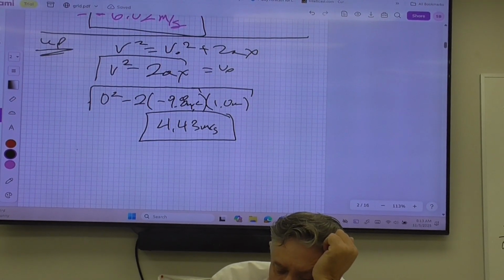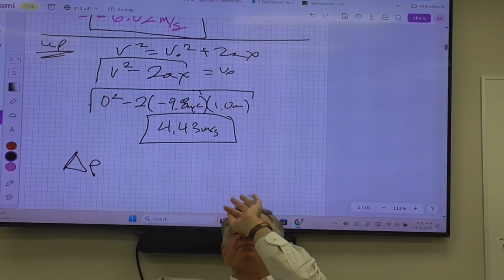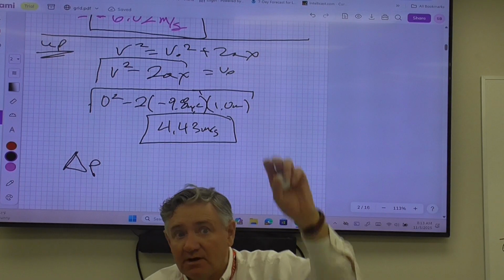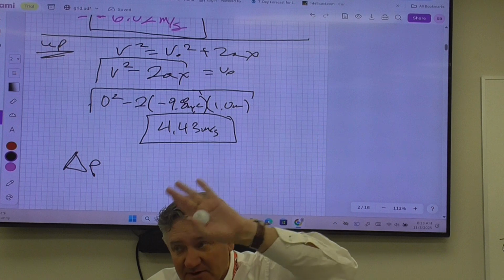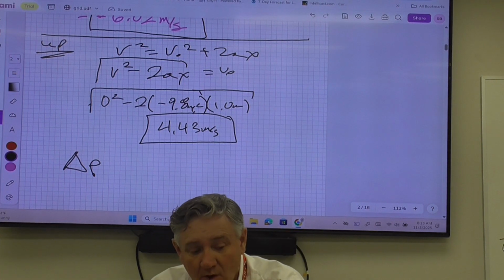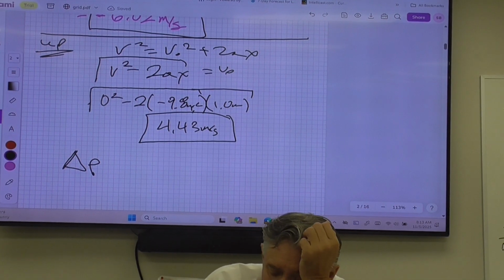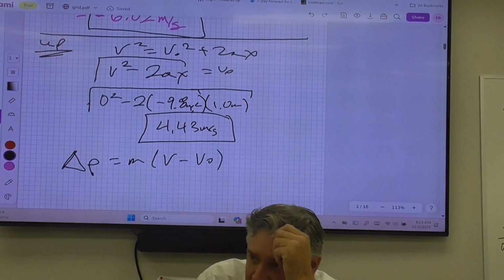So I need to find the change in momentum of the ball, listen to me very carefully, when it's in contact with the ground. Not while it's falling, not when it's on the way up. I'm trying to find the change in momentum when it's in contact with the floor, because that's the point of this story. So that's going to be mass times V minus V naught.